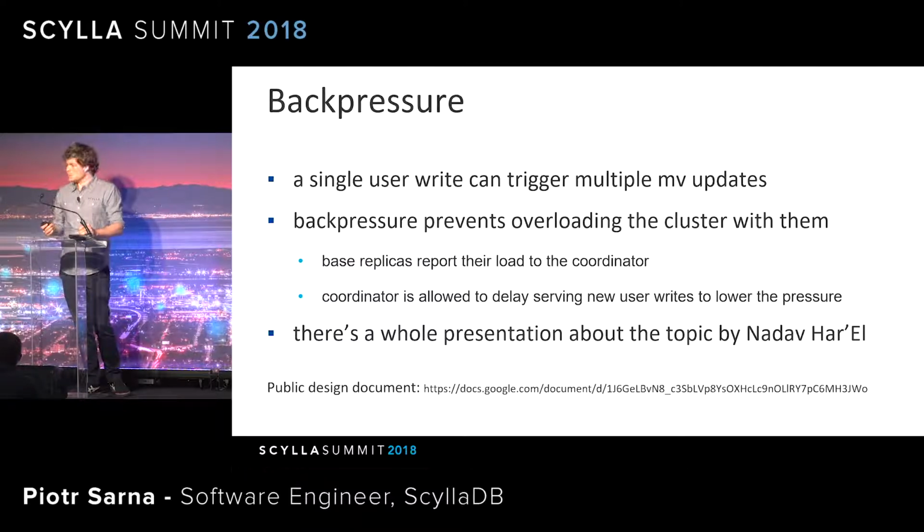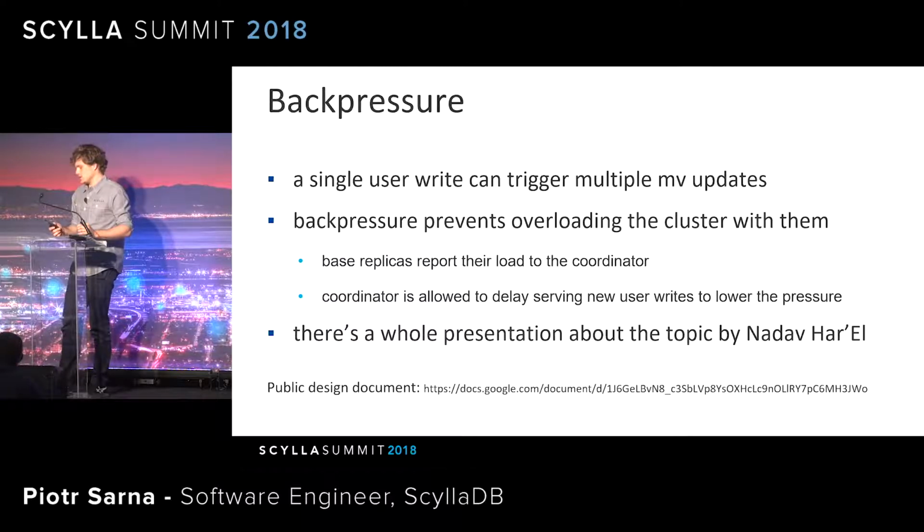So we did it like that. Base replicas have internal queues where they have their view updates they generated, and as the queues go full, that means the load is high. So this high load is reported back to the coordinator, which is allowed to decide that since the load is high on base replicas, some of the new writes will be delayed.